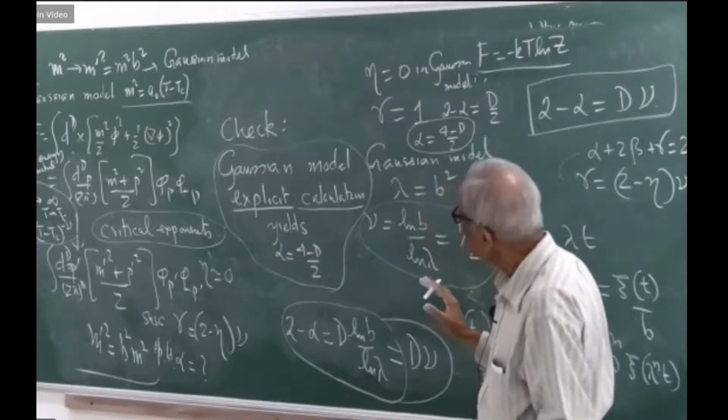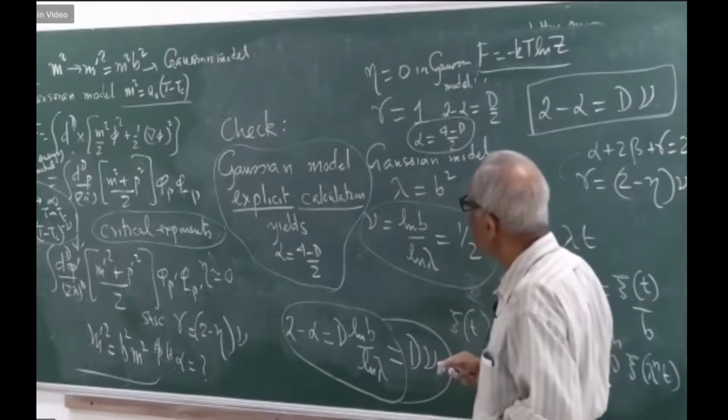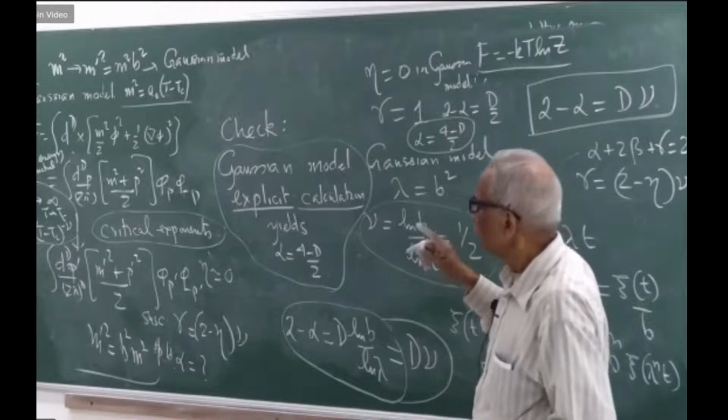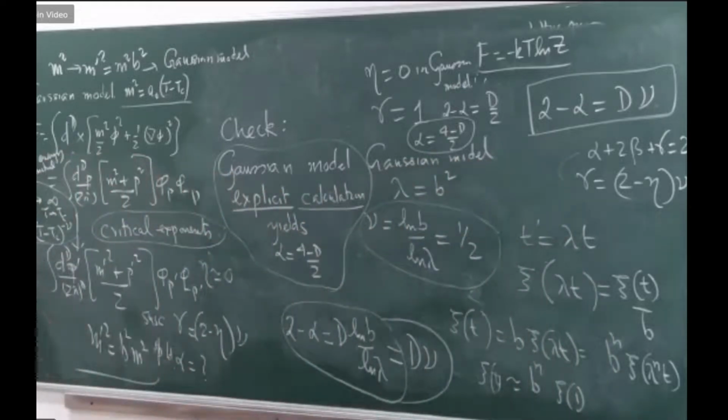This is the very important issue. We have done the Gaussian model before, but the Gaussian model, when we did it at that time, was explicitly working out this functional integral.